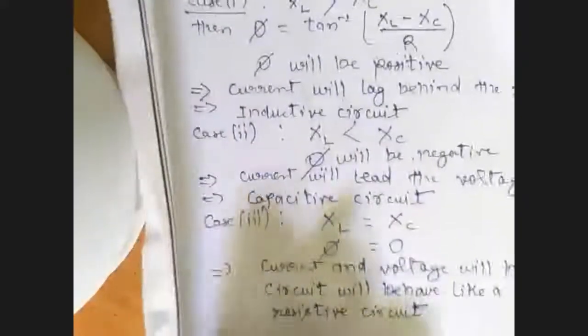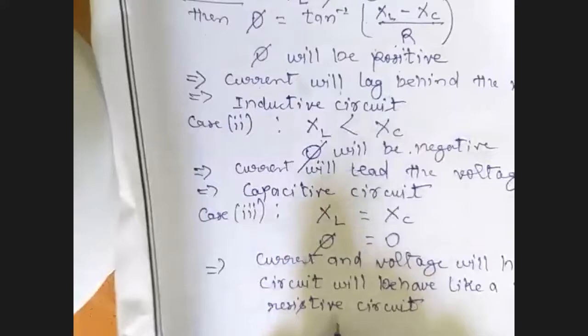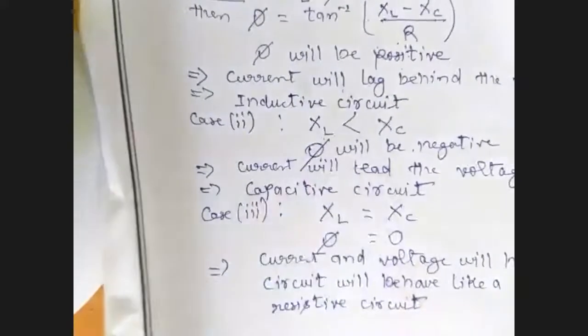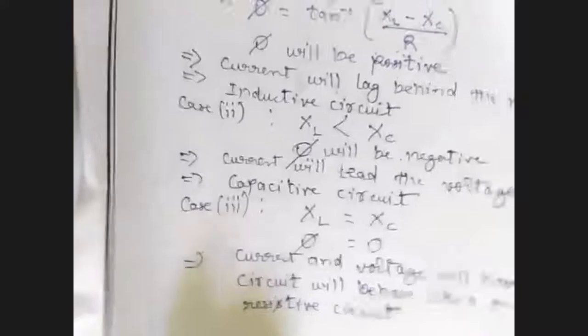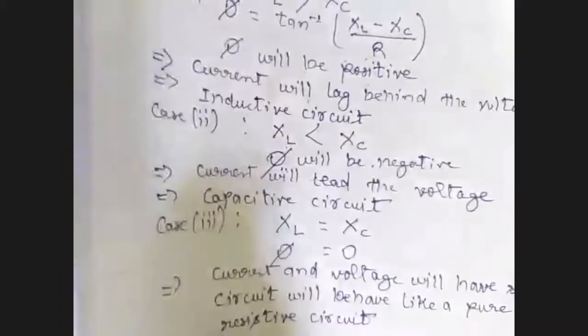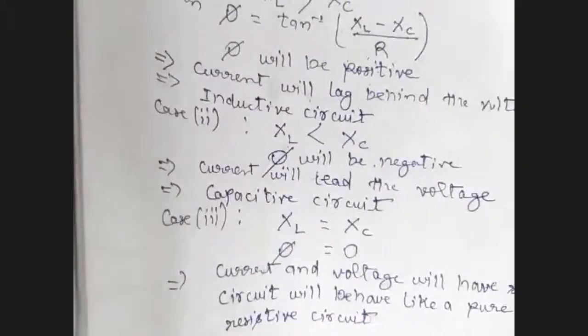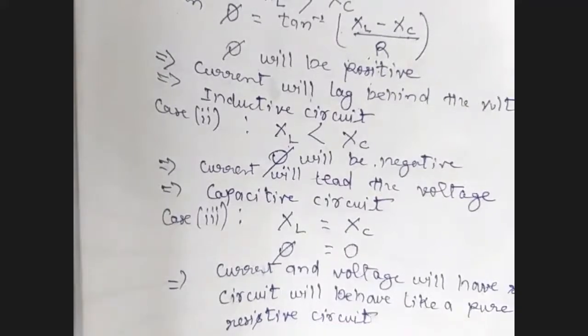And here in this case, it will be a resistive circuit. So with series LCR, we can tune the circuit whatever is the requirement. So whenever we deal with L as well as C as well as R, we can have our own choice.